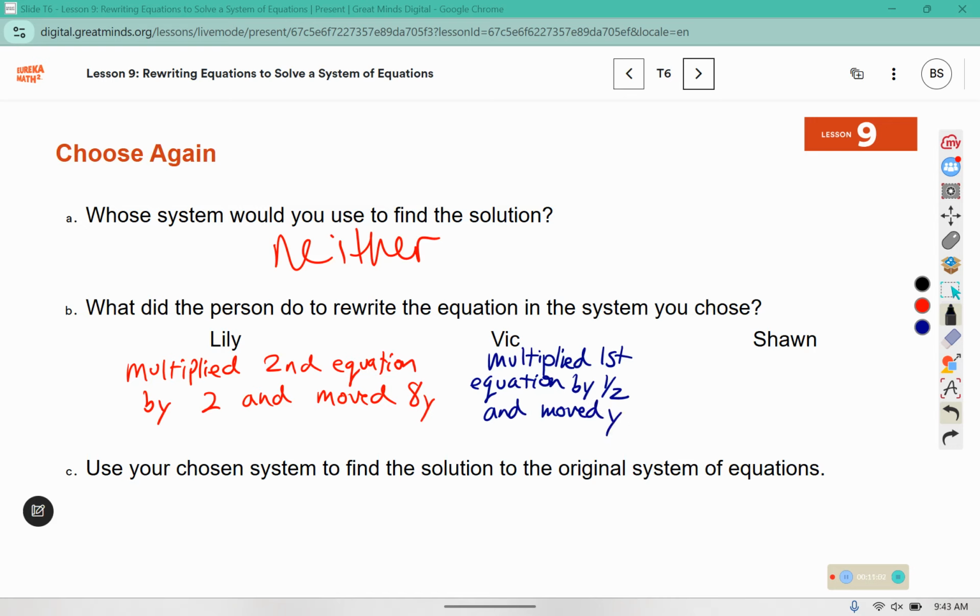And Sean multiplied both sides of the first equation by -2, and added 16x to both sides.